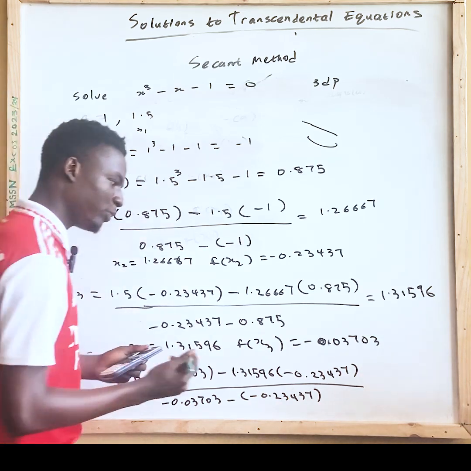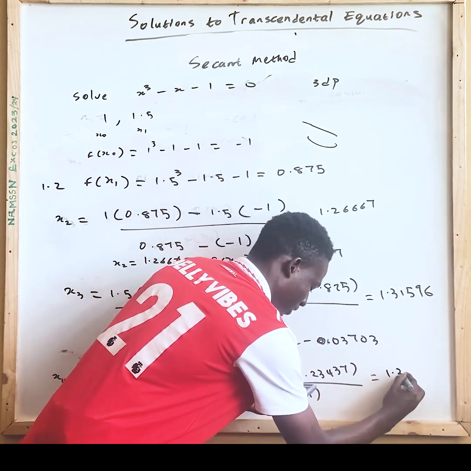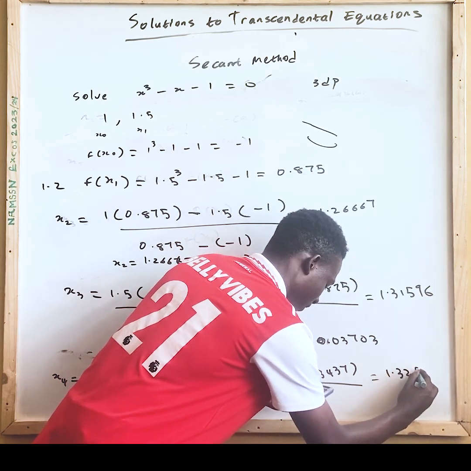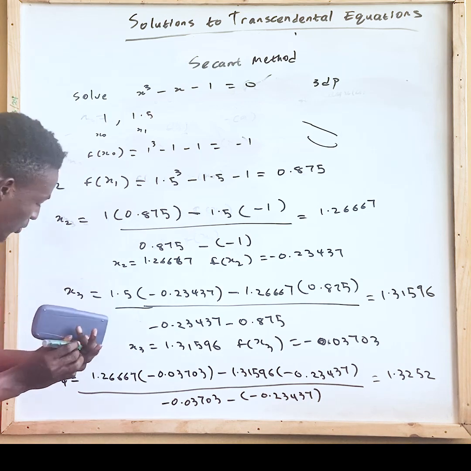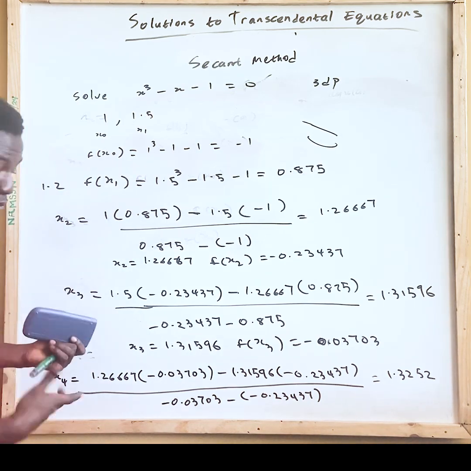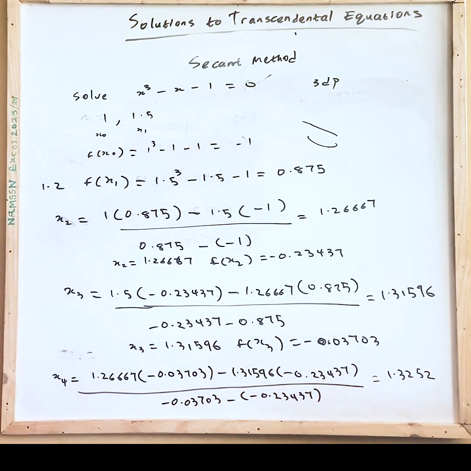Okay, so I'm having 1.3252. Okay, so I think I'm on track. So x4 is giving me 1.3252. Okay, I think I can take this off.